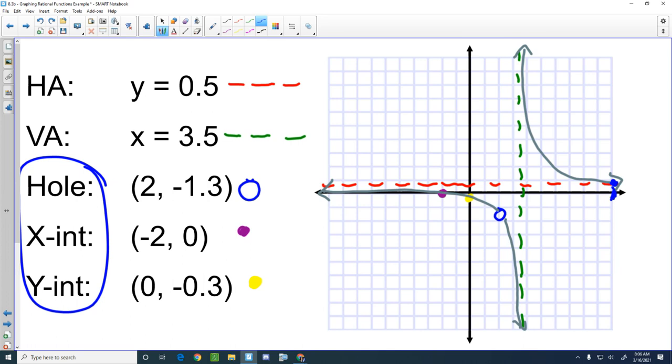The front is simply identifying those 5 properties, just like how we started off today with the warm-up. Just identify the asymptotes, the intercepts, the holes in the graph. So you're just calculating them.